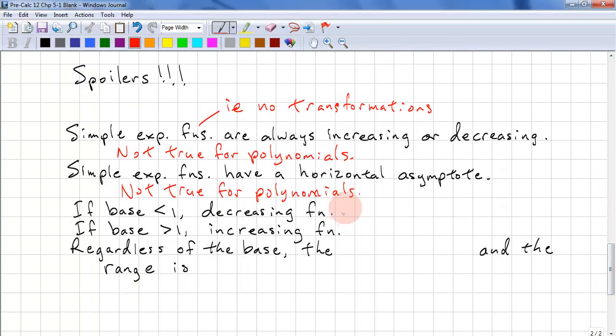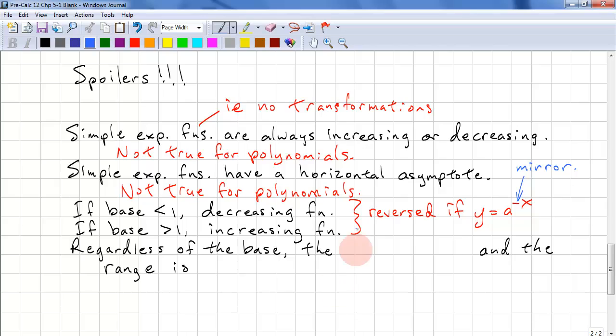If the base is less than 1, then we have a decreasing function. If the base is greater than 1, we have an increasing function. And this is reversed if y equals a to the negative x. And if you recall your transformations, this is a mirror or reflection on the y-axis.